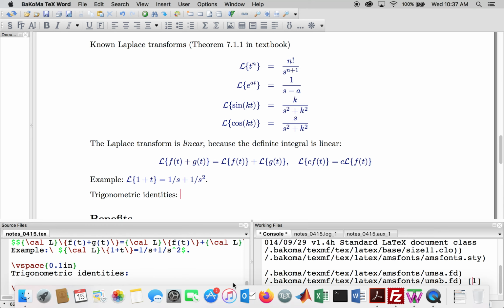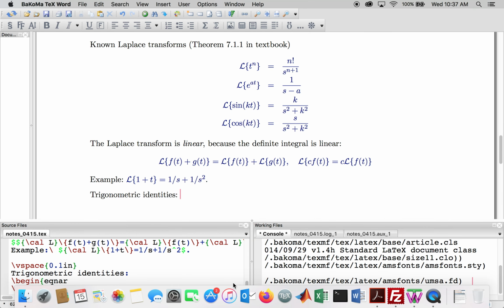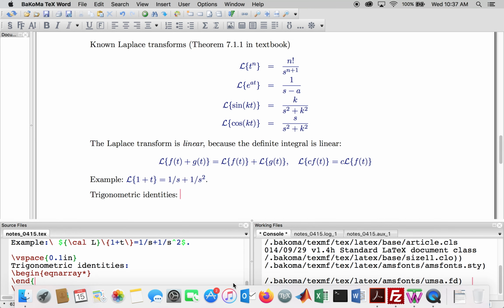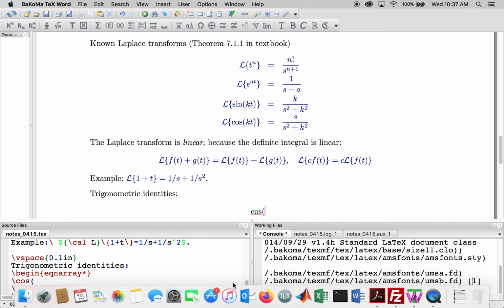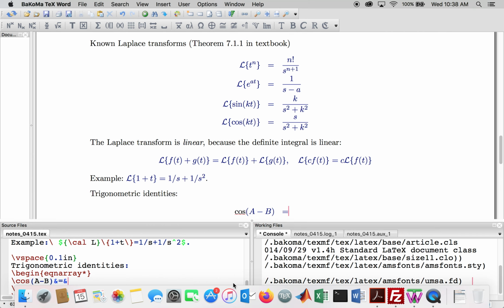trig identities. Okay. And there's just a few. These are ones that are good to know anyway. So we have the cosine of a sum or difference. Actually, I believe it's a difference that's included, but you can adapt it for a sum.